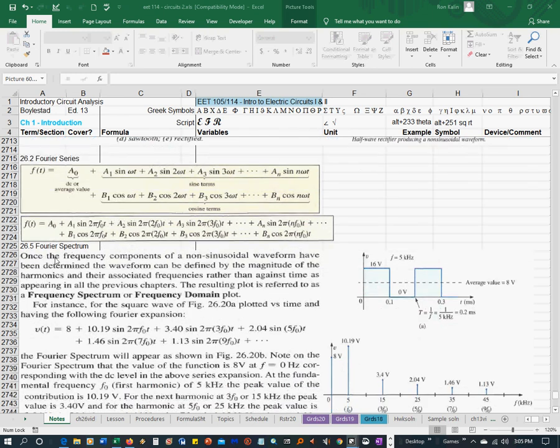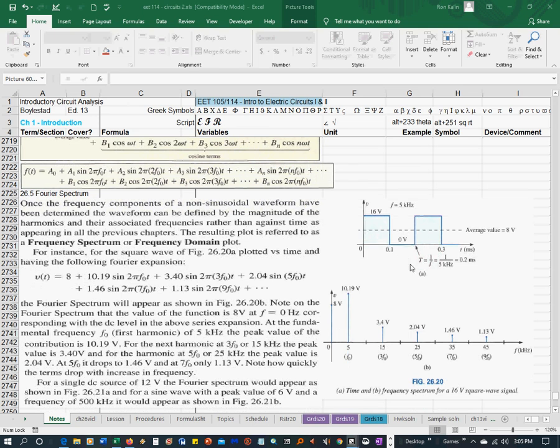The Fourier spectrum. Once the frequency components of a non-sinusoidal waveform have been determined, the waveform can be defined by the magnitude of the harmonics and their associated frequencies, rather than against time as appearing in all the previous chapters. What does that mean? Here's a non-sinusoidal square wave, plotted versus time.